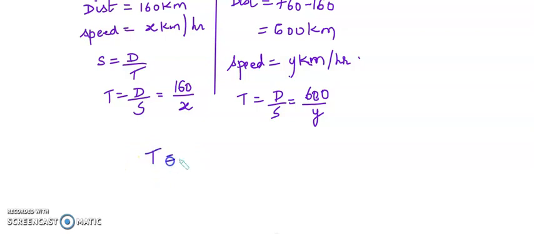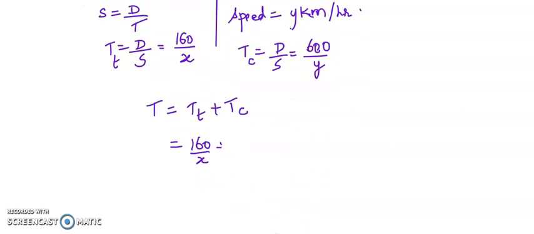So time taken by train, let me put it as TT, and time taken by car, that is TC. So total time taken by train plus total time taken by car is equal to 160 by x plus 600 by y. And the total time was 8 hours. So this is our first equation.